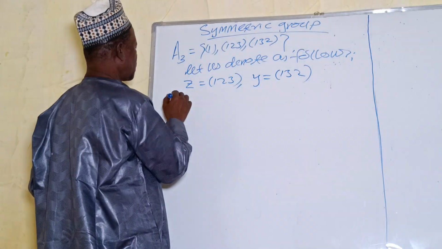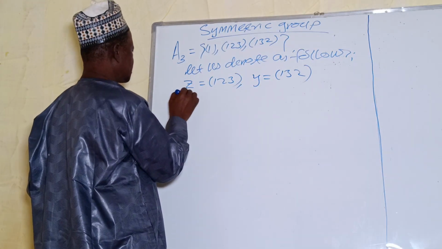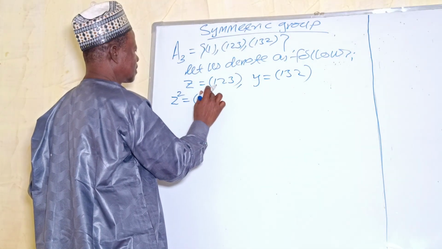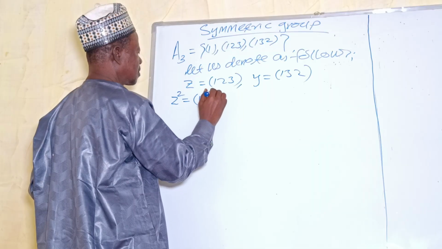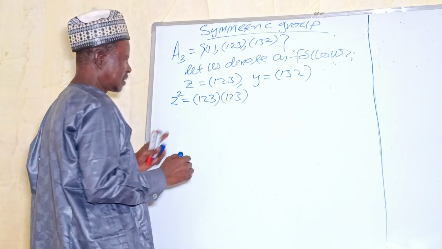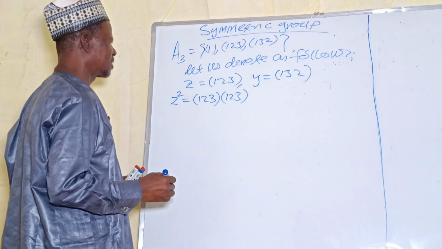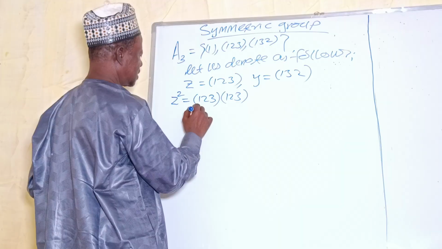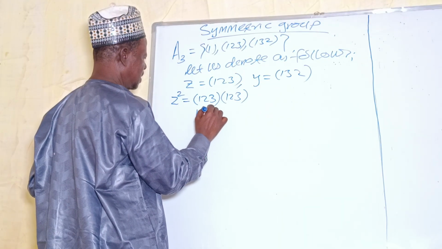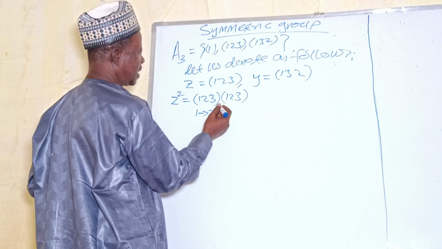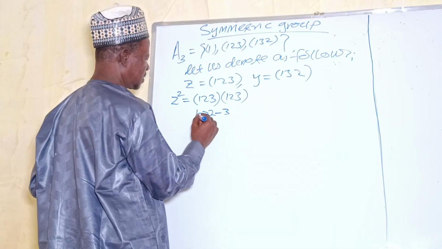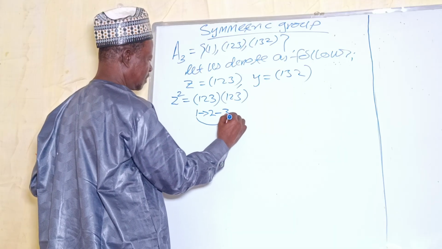For example, what is Z squared? Z squared is going to be (1 2 3) times another (1 2 3). Let us do computations. The first cycle says 1 is mapped to 2, and in the second cycle 2 is mapped to 3. So ultimately 1 is mapped to 3.